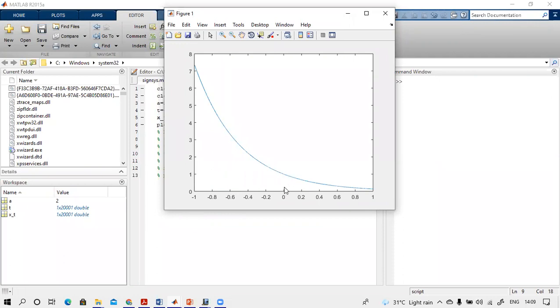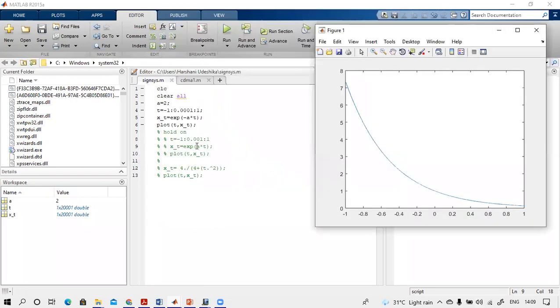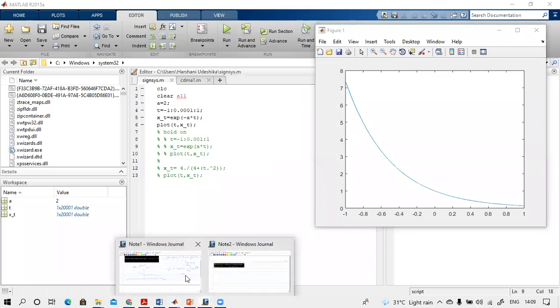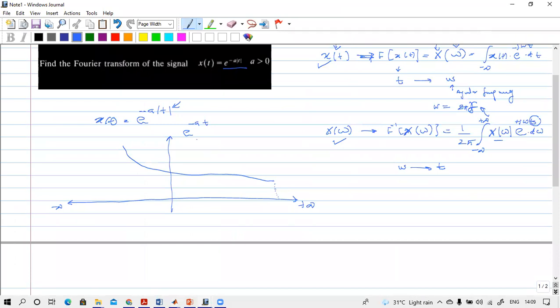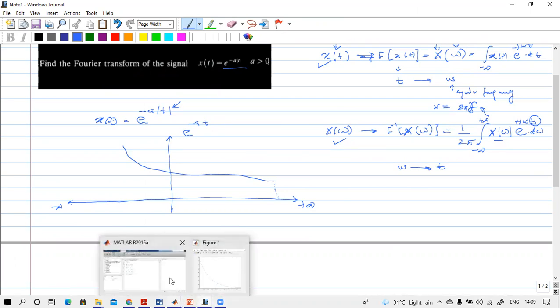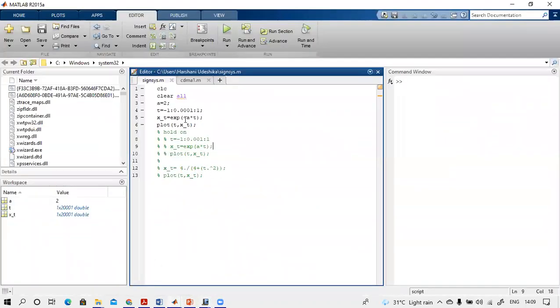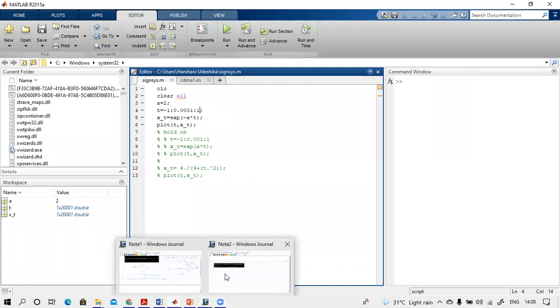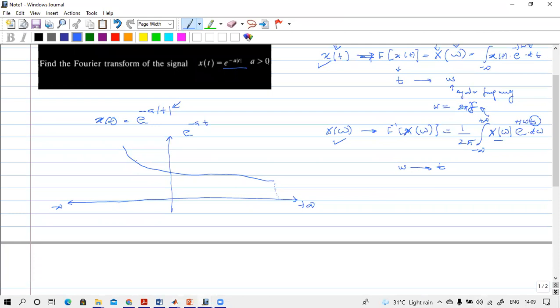You can just have an idea. Here I have drawn the signal e to the minus a t from -1 to +1. So we will get this kind of signal.